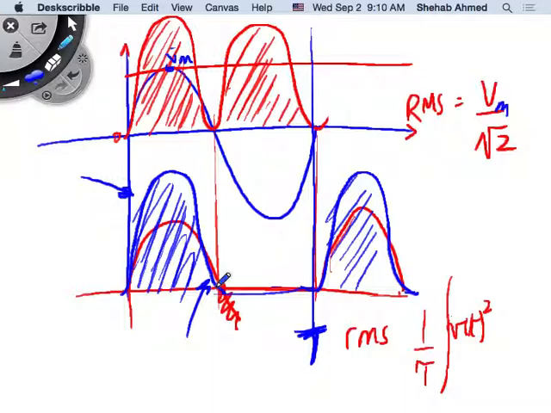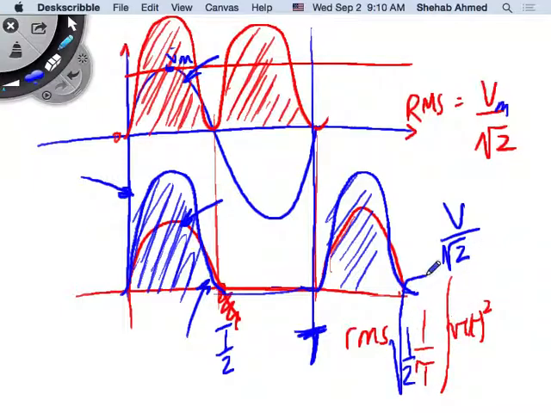The rest is the same because the equation for this curve is the same as the equation for this curve from 0 to T over 2, right? So I can say that the RMS value for this new waveform is Vmax, instead of divided by square root of 2, I have another half under my square root.